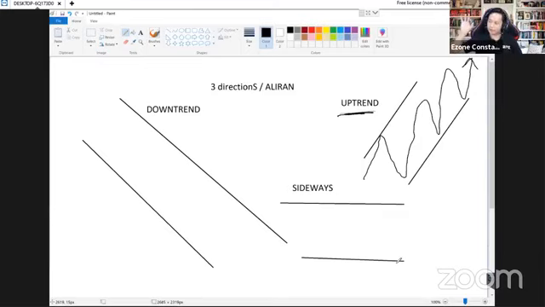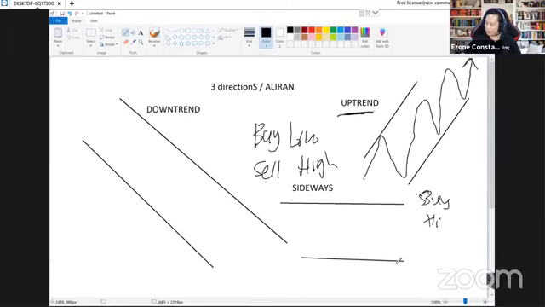In the stock market, the way you make money is you buy low, you sell high. Or you buy high, you sell higher. That is for the stock market.